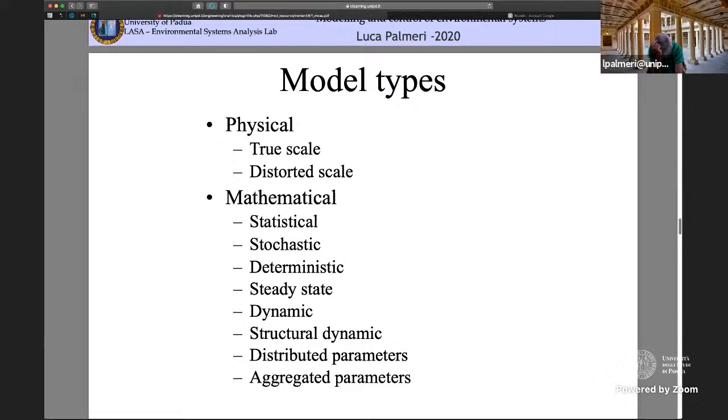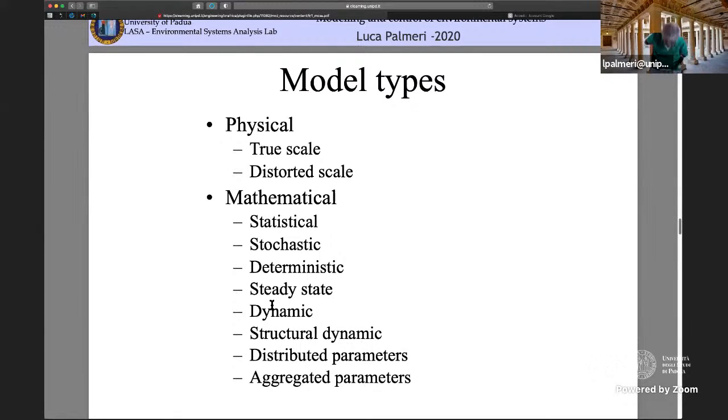On the contrary, dynamical models, which are more complex models, are models in which there is no steady state condition, in which everything is changing in time. You understand that the distinction between steady state and dynamic, again, are the two extremes of a possible choice of a characteristic.